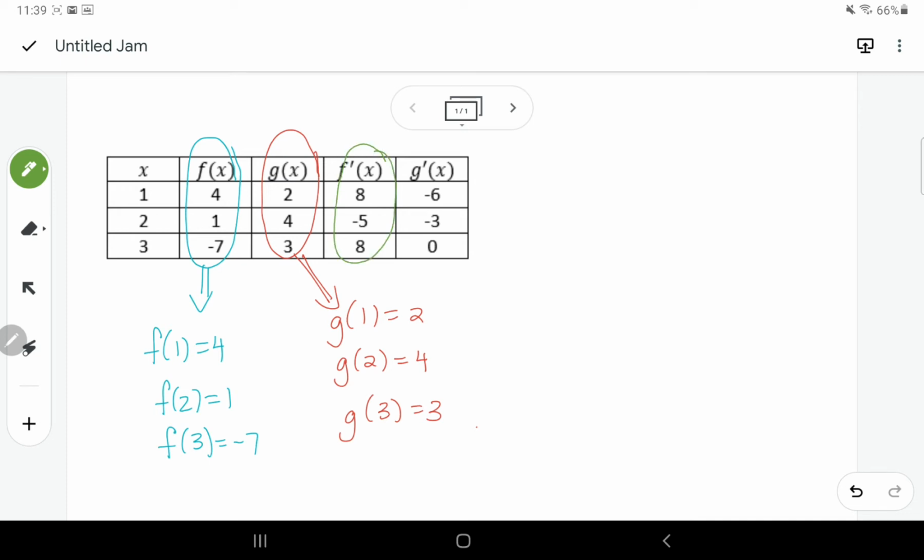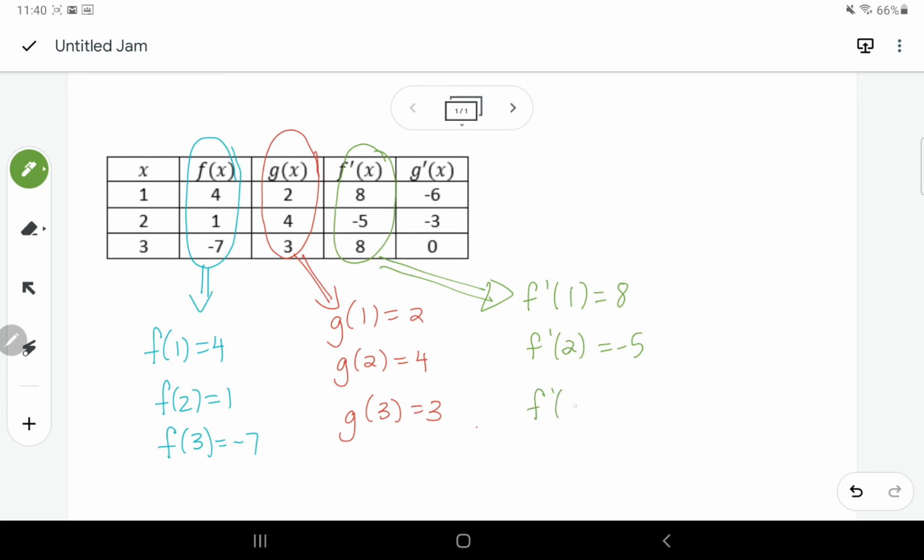So moving over here, the third column is f prime. This tells us that the derivative of f at x equals 1, the slope of the tangent there, is 8. The derivative of f at 2 will be -5.